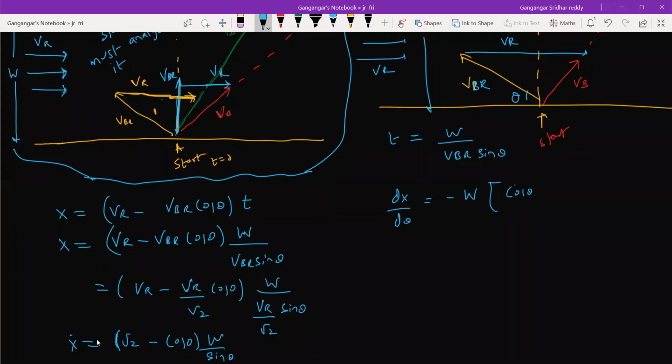You can use the u by v method or the basic thing. For your convenience, I'll write it so that it will be easy for you. Some of you may find the quotient rule and product rule difficult. I'll write it in this form: root 2 W by sine theta, minus W cos theta by sine theta. Let's differentiate this.